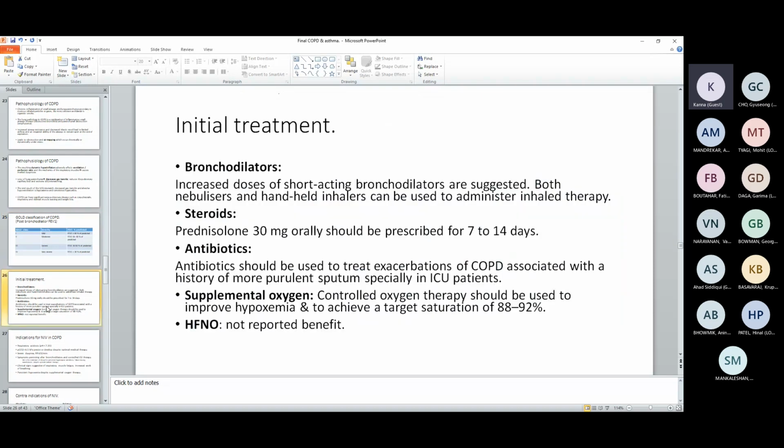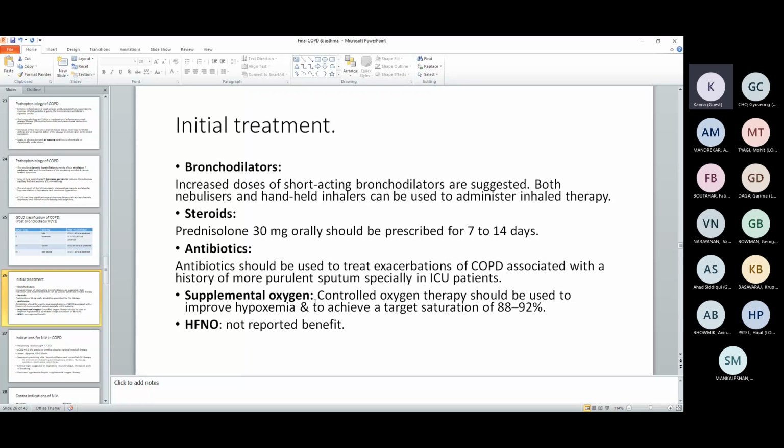Again, the initial management includes bronchodilators and steroids. But in addition to asthma management, we should give antibiotics in acute exacerbation of COPD patients, especially those admitted to the ITU. But in non-ITU admitted patients, the choice of antibiotic and the duration for which it should be used is not proven.